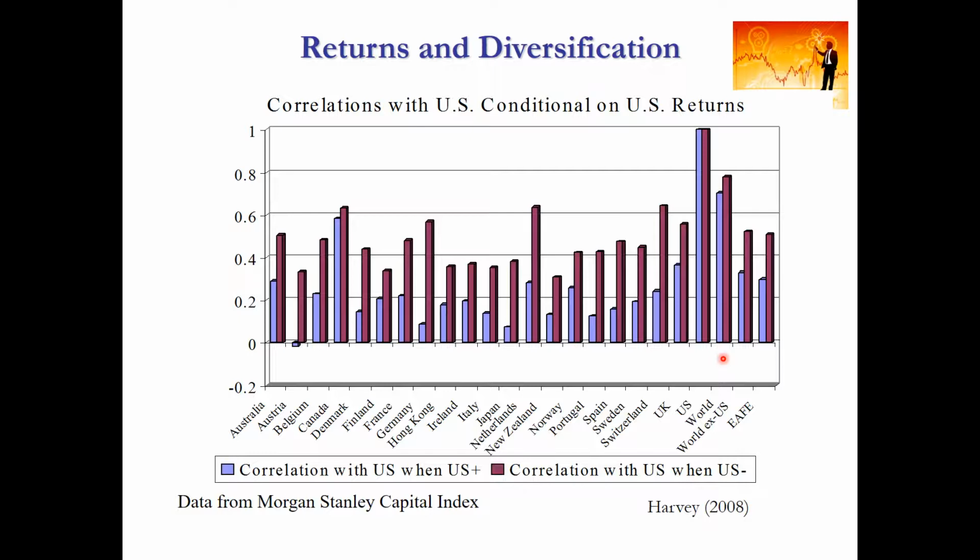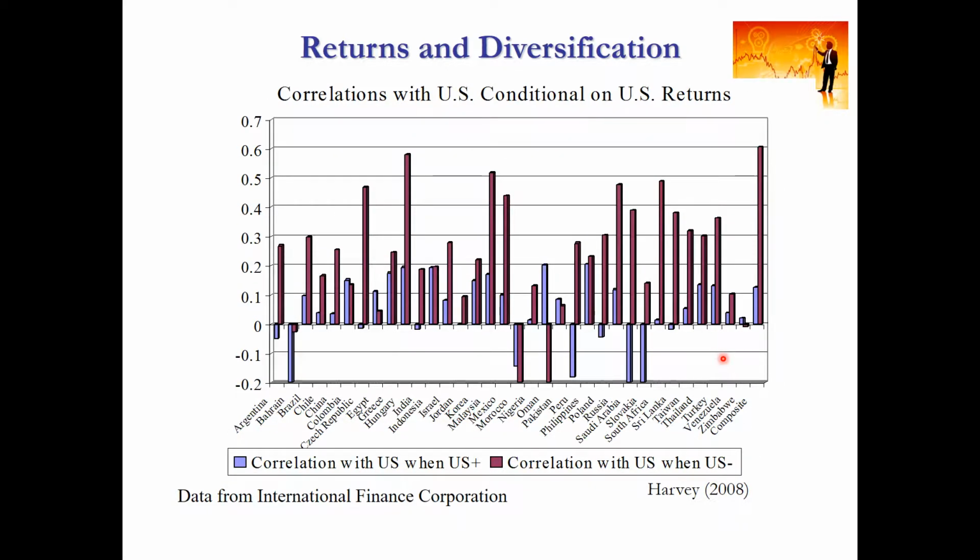The previous slide that we have shown is an example of developed markets. Now this is the case of emerging markets. Once again, the blue bars show the correlation between the emerging markets and the US market when the US market is positive, and the maroon bar shows the correlation when the US market is negative, I mean has a downward condition.